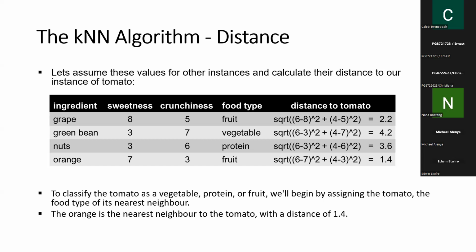Why? It has the shortest distance to tomatoes. Therefore, in terms of this example, orange will be classified as tomatoes. So we use the one with the shortest distance and then we classify it as such.